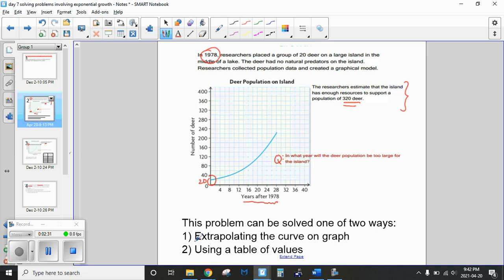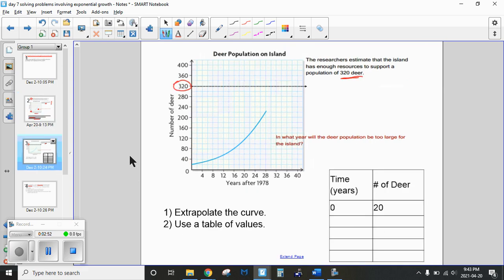So this is a word you might have seen in grade 9 with linear relations, extrapolation. And we can also use a table of values to spot the pattern and see if we can just hit that number 320. Okay, so I'm going to advance to another slide just because this one's getting busy. And we're going to try both of those two things.